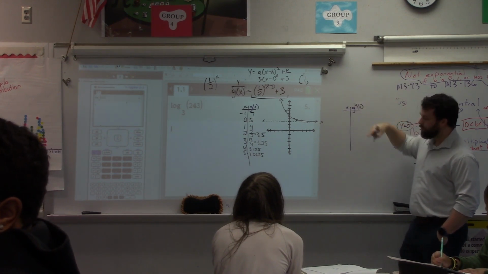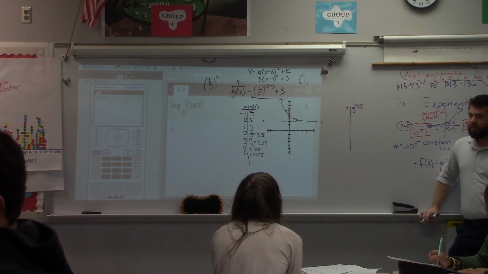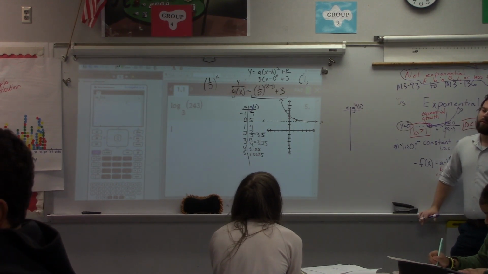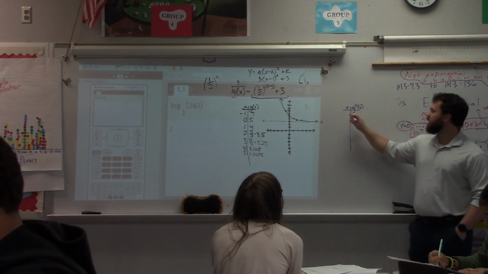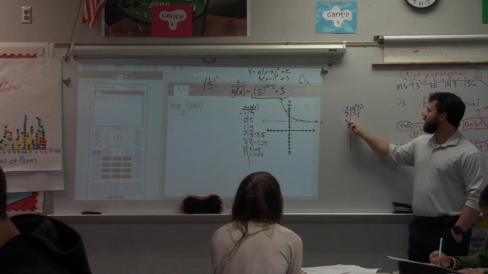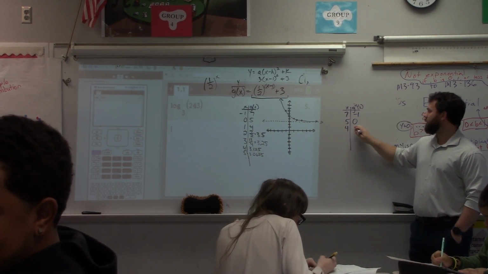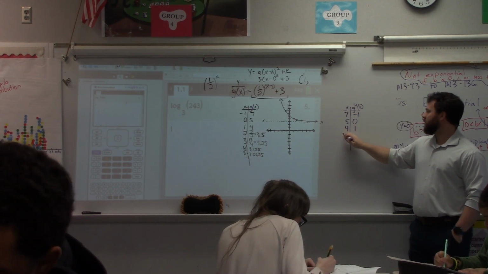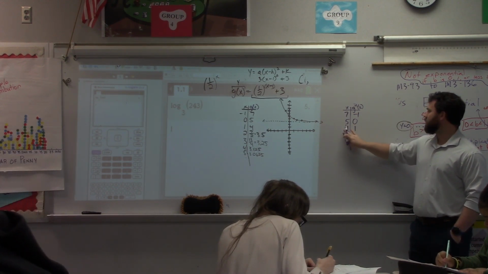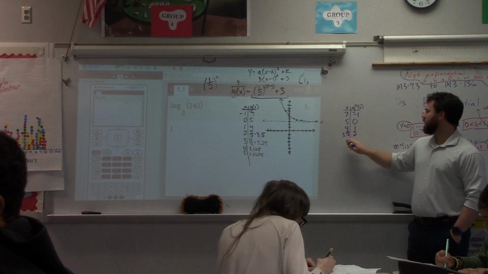When I have that superscript -1, what does that mean? It's the inverse. The inverse means that we would have transposed, right? So (-1, 7) becomes (7, -1). Then (0, 5) becomes (5, 0). (1, 4) becomes (4, 1). (2, 3.5) becomes (3.5, 2). (3, 3.25) becomes (3.25, 3). And so on and so forth.